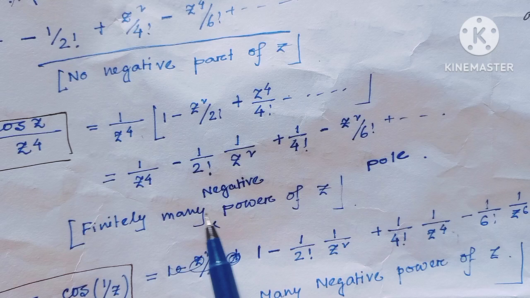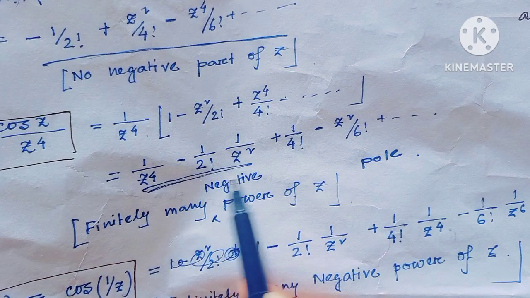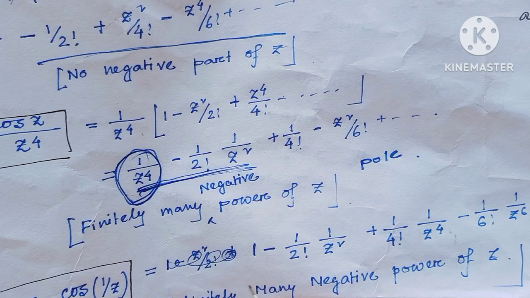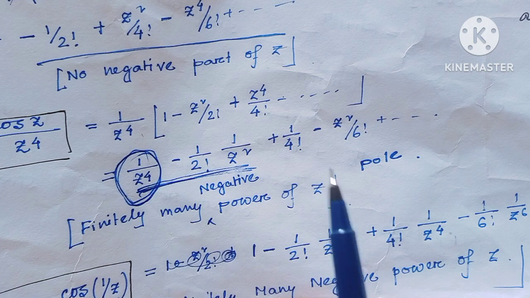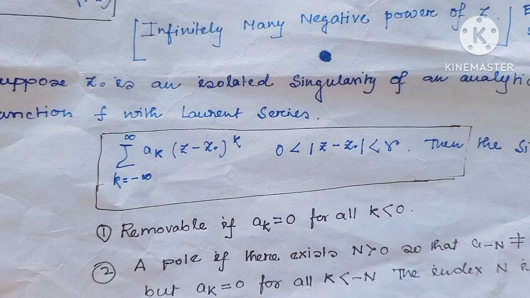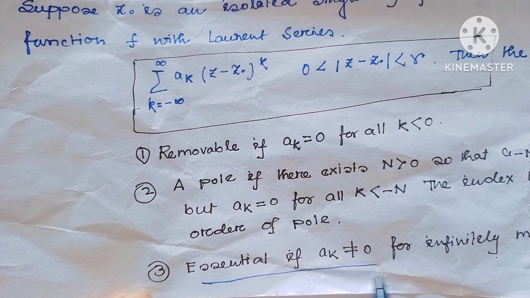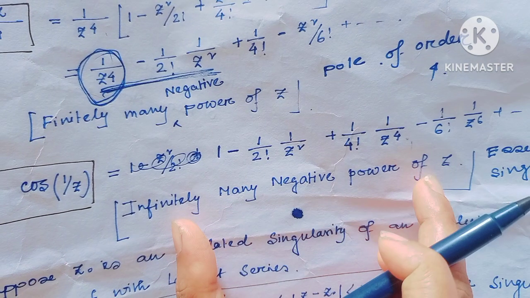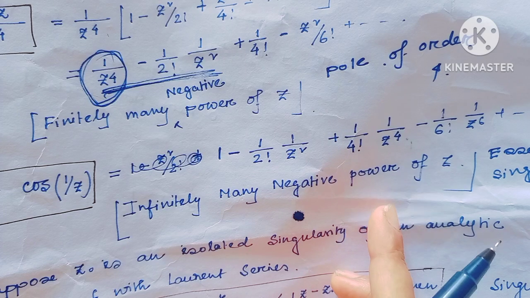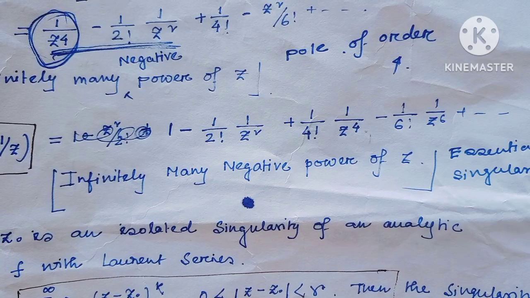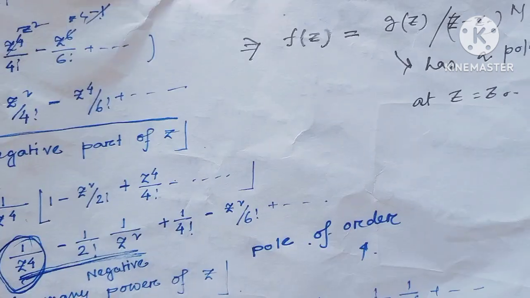Since here finitely many negative terms exist and the highest power is 1 over z to the power 4, this is a pole of order 4. And it is an essential singularity if a_k is not equal to 0 for infinitely many k less than 0. Since in the Laurent series expansion infinitely many negative powers of z exist, this is the essential singularity. I hope all my viewers have understood this.